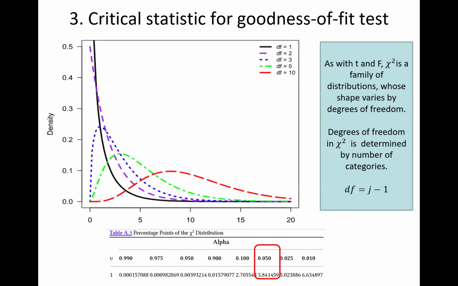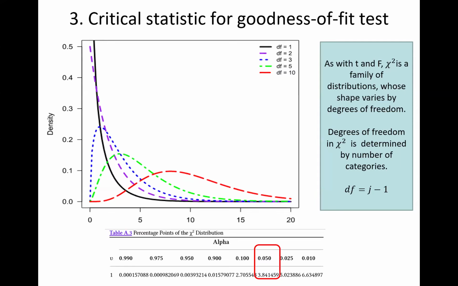So our critical statistic, as I said, is determined by the number of categories because your degrees of freedom have to do with categories. So how many categories do you have? You have 2, which means that J minus 1 is 1. It's basically the fewest degrees of freedom you can possibly have for a chi-square. We're going to assume that alpha is 0.05.